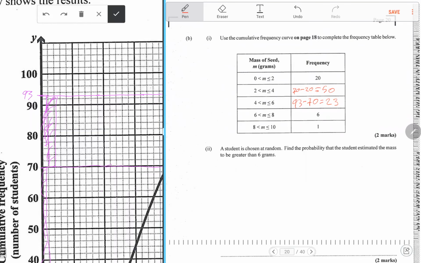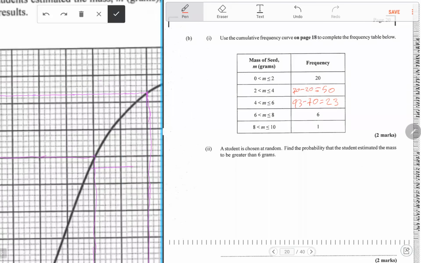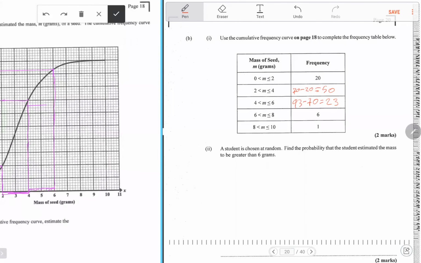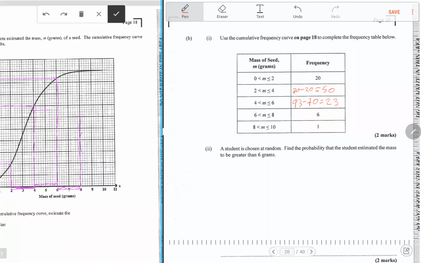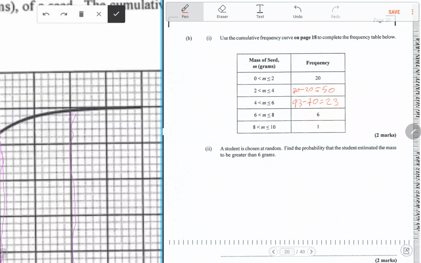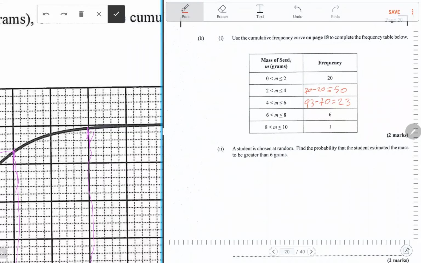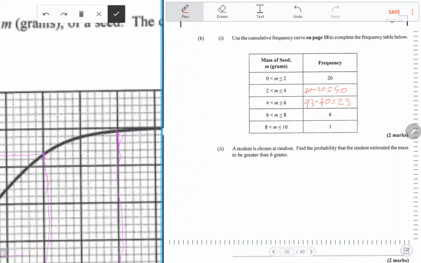And then now between 6 and 8, they tell us that is 6. Let's just check it. So between 6 and 8 now will be this block of students, coming up on this line now. Let's zoom in and see what it is. So that's coming right up to here. It's right in the middle again.